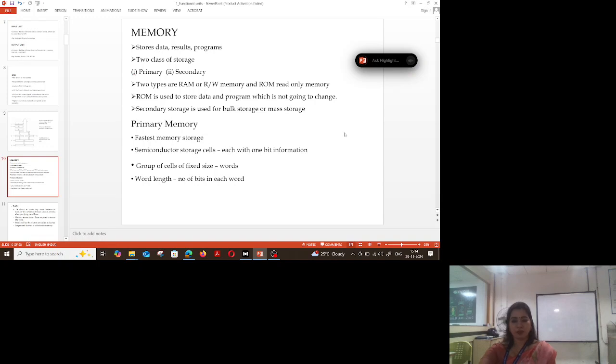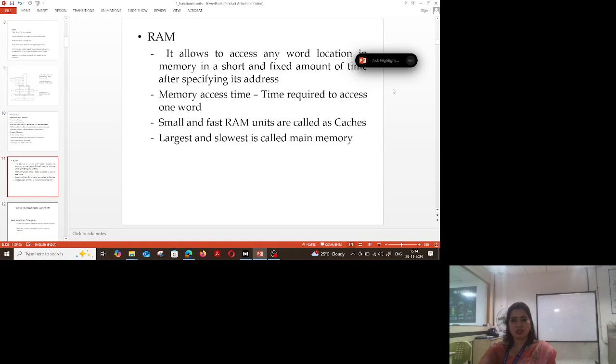Primary memory is the fastest memory storage, and it is made up of semiconductor storage cells. Each cell is capable of holding 1 bit of information. A group of cells of fixed size is called a word. Word length is the number of bits in each word. And next is the RAM.